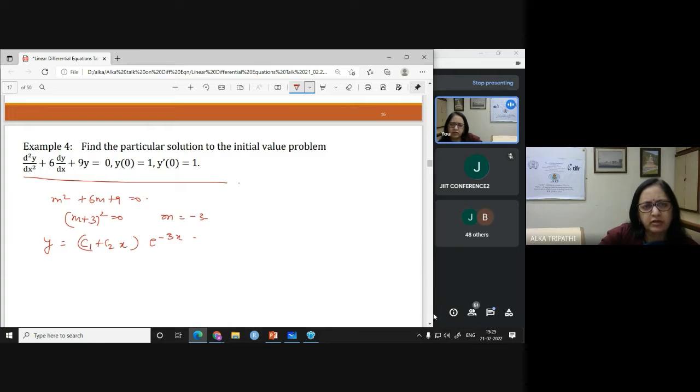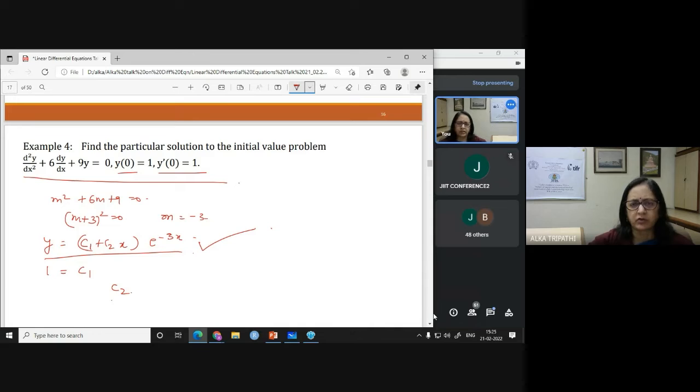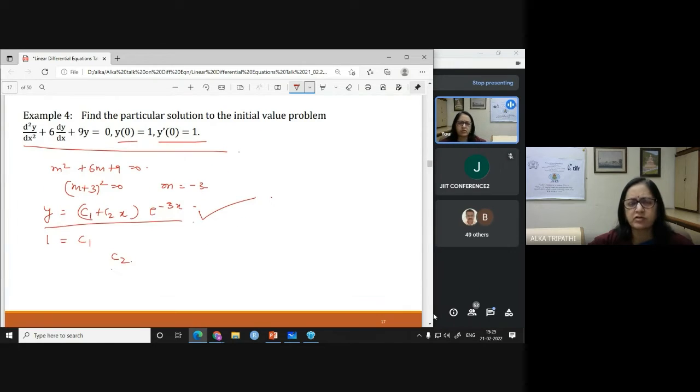Now substituting x as 0, you will get 1 equal to c1. Then differentiate this equation and substitute the value of y dash, you will get the value of c2 also. After substituting both constants in this equation, we will get the particular solution. This was the case when we are specifying the values of y and its derivative at a single point.